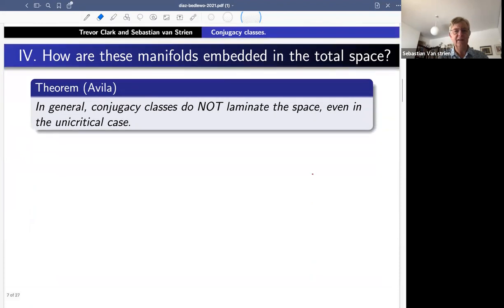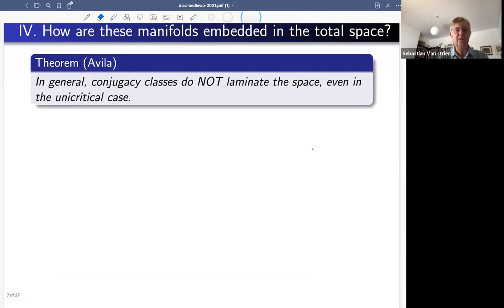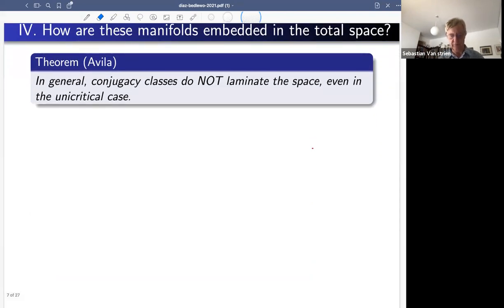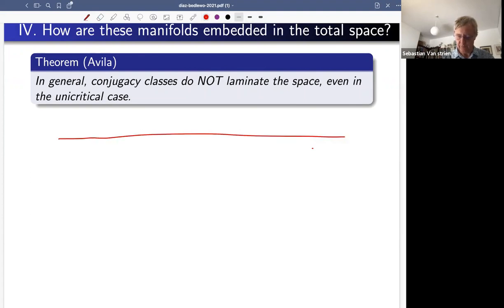The next result is actually not our result. Arthur did not give a proof of this in his paper, but at some point he explained on the blackboard how he would do it.